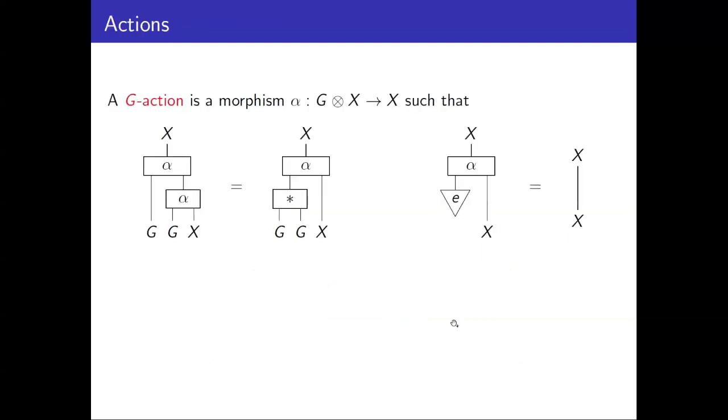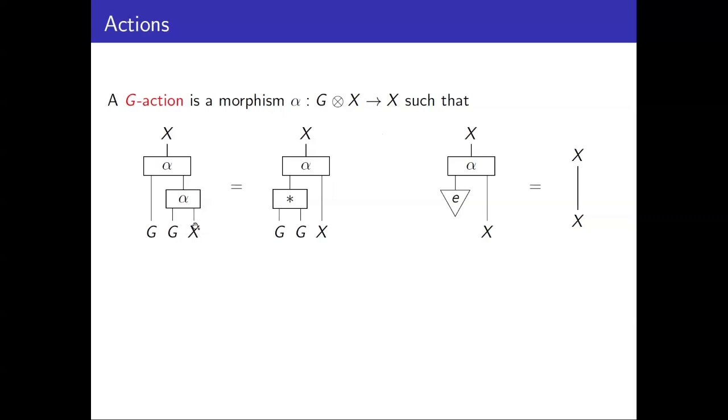Great, so the last component we need, now that we've got groups and their operations, is to talk about actions. Remember, an action is something like taking an image and rotating it, or taking a cat and translating it. We need an abstract way to talk about this. We're going to say it is some morphism alpha that satisfies these axioms.